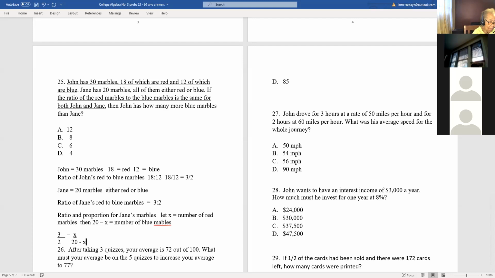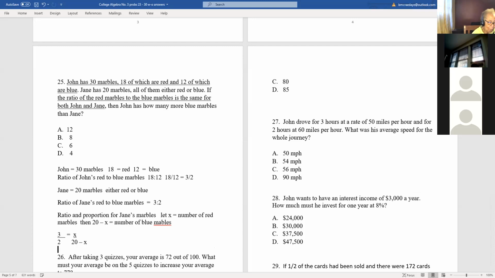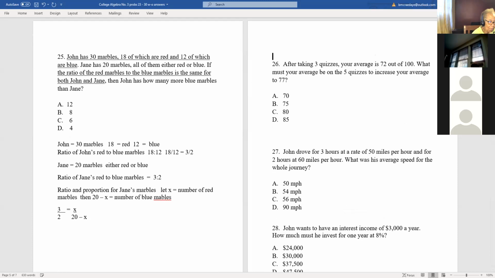That's the way our ratio would look. And how would we solve this? 2X. Cross multiply again, cross multiply.